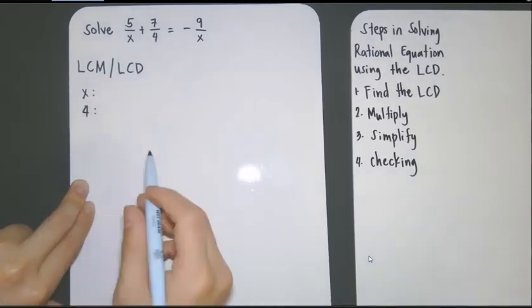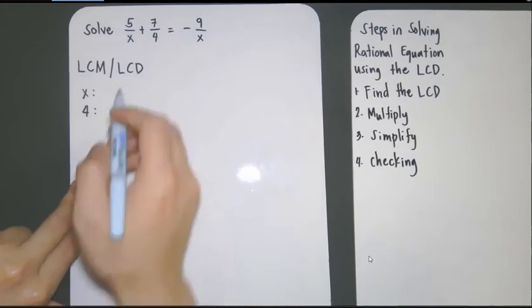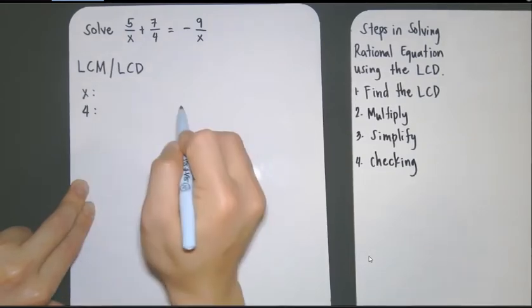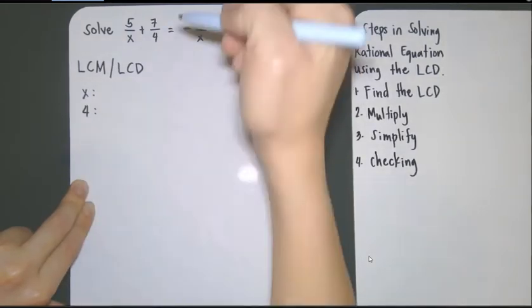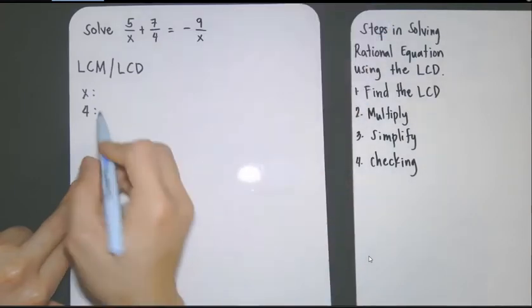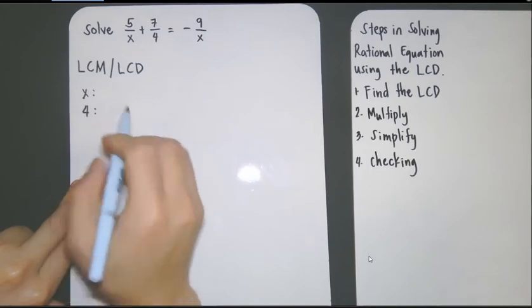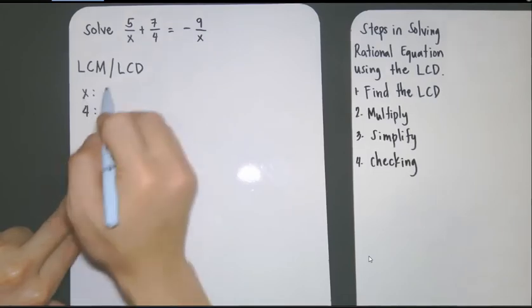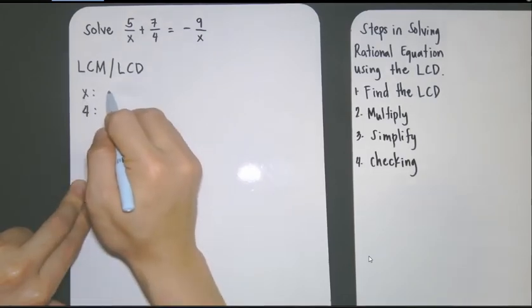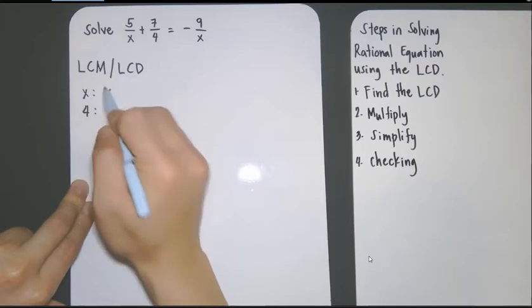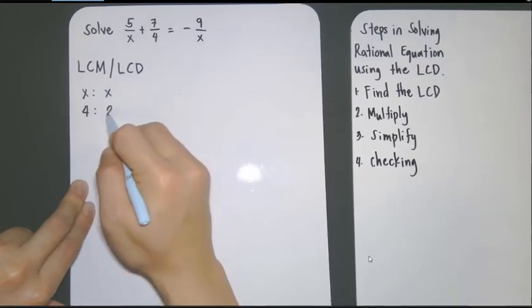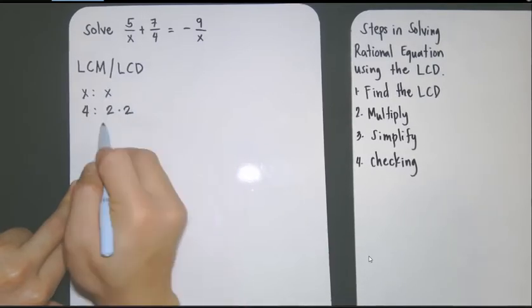When you say finding the LCM or LCD, we just need to do the barbecue stick method, using the vertical lines. We need to express the denominators as a product of their prime factors. So the factor of x is x, while 4 is 2 times 2.